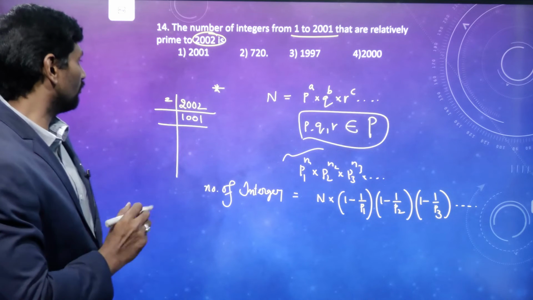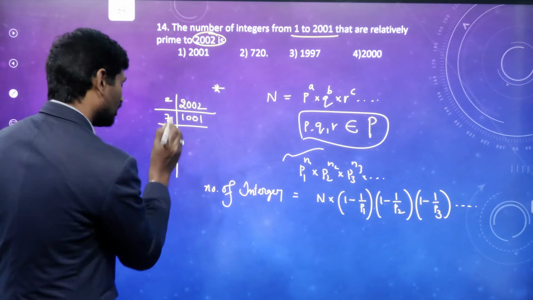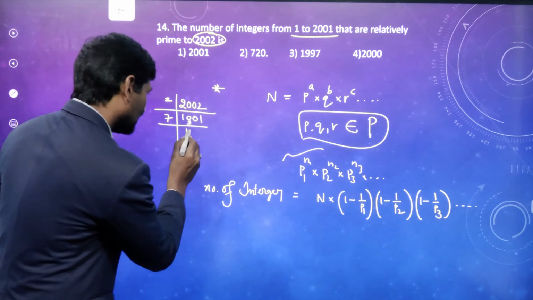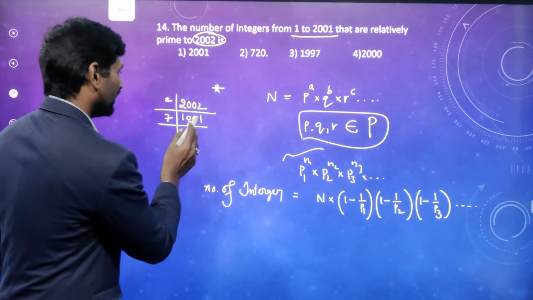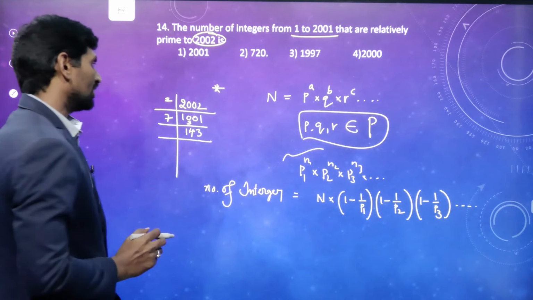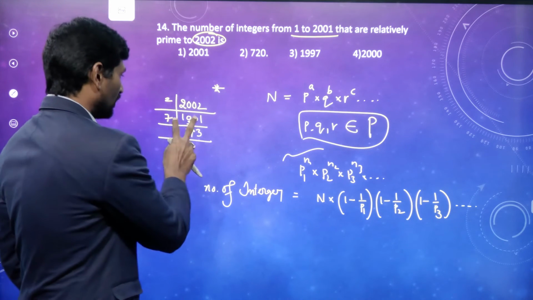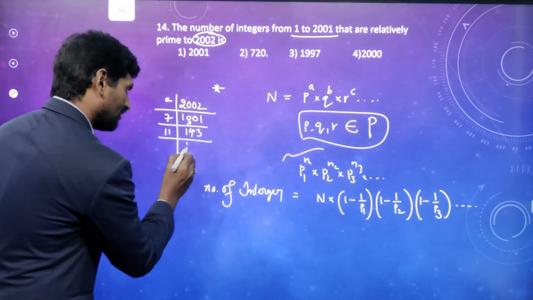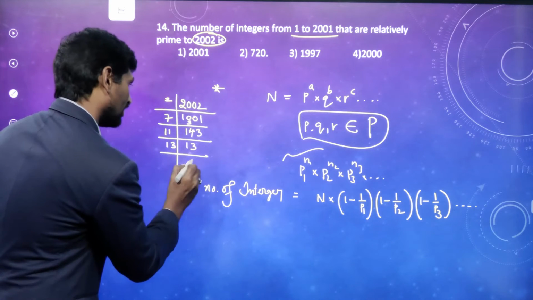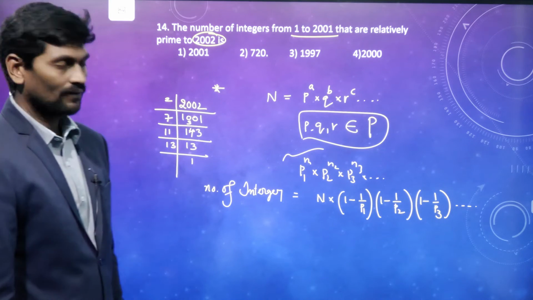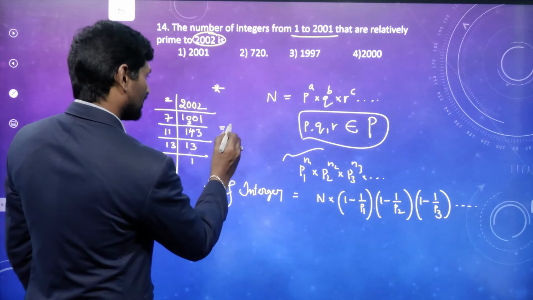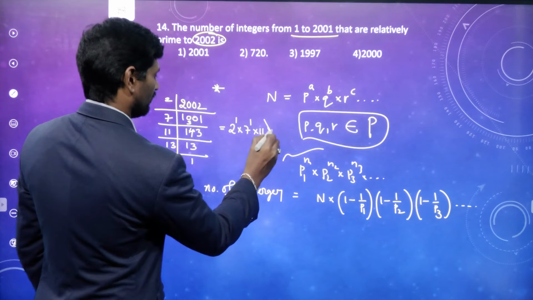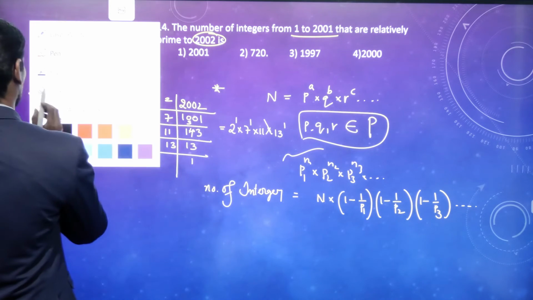Now 1001 comes in the 7 table. 7 ones are 7, we get remainder 3, 7 fours are 28, remainder 21, yes, 7 threes. So 1001 is not a prime number; it is divisible by 7. Now 143 will come in the 11 table, 11 thirteens are 143. Now 2002 can be expressed as 2 power 1 into 7 power 1 into 11 power 1 into 13 power 1.